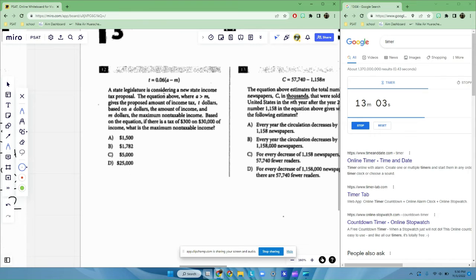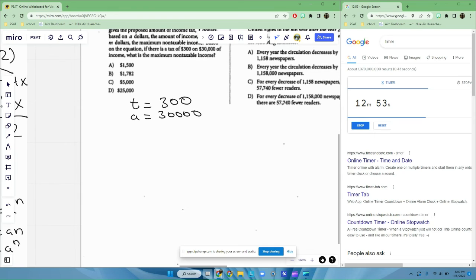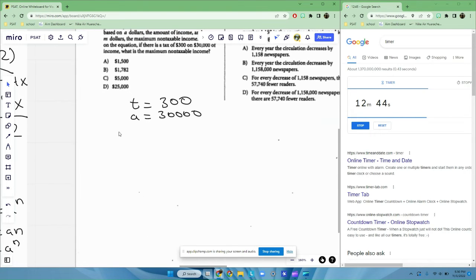So we're going to substitute values here. We know that T is equal to 300 and A is equal to 30,000. So this should be simple now that you know that you can simply substitute values. So we have the equation given up here.